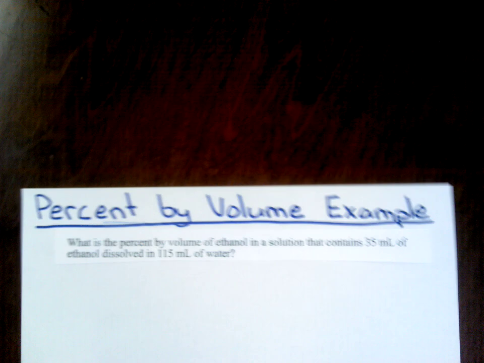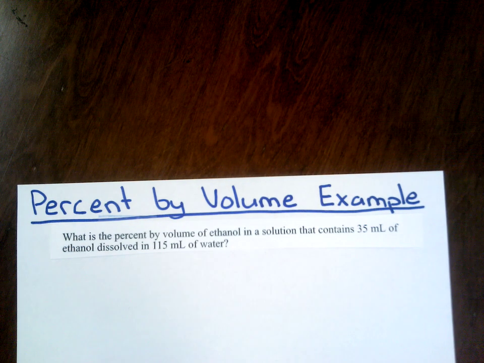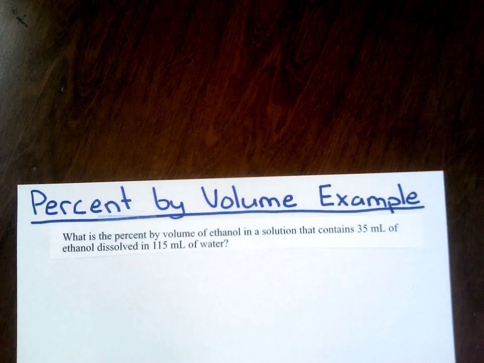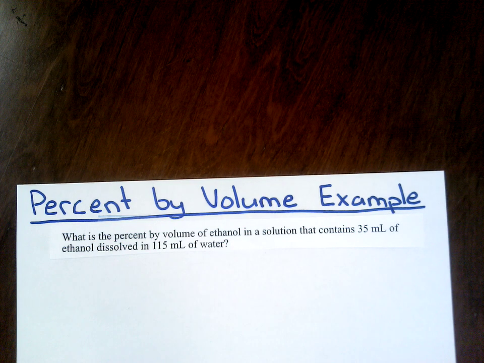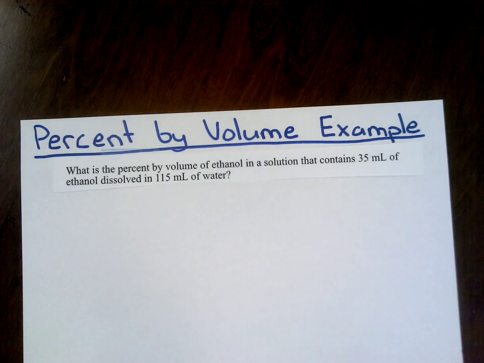All right, so we have our example problem here, and it says, what is the percent by volume of ethanol in a solution that contains 35 milliliters of ethanol dissolved in 115 milliliters of water? So again, I always like to start out by rewriting my formula.